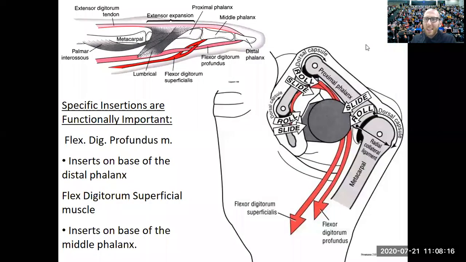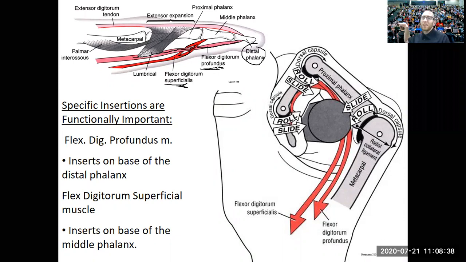All right, I skipped way ahead in the PowerPoint just so we can see this real quick. But what I'm talking about here is that the flexor digitorum profundus, it actually will travel through the flexor digitorum superficialis. There's a split, and it goes straight all the way to the distal phalanx. So when you think profundus, I want you to think profound, all the way to the distal phalanx, crossing that DIP joint.